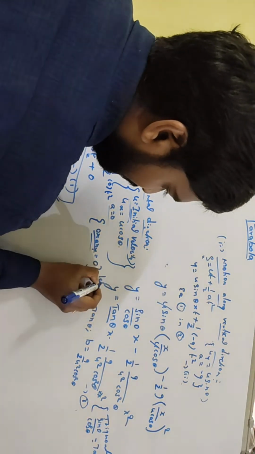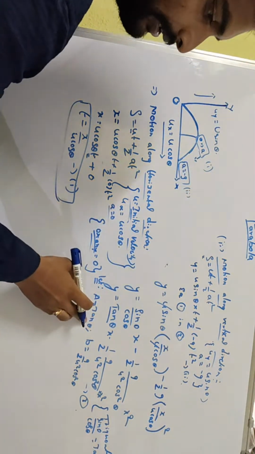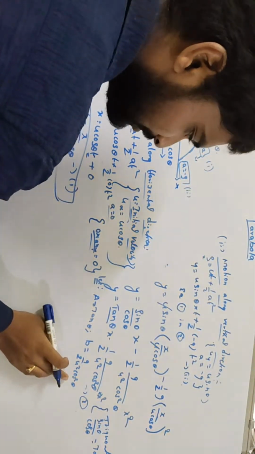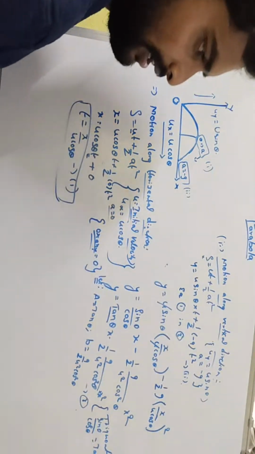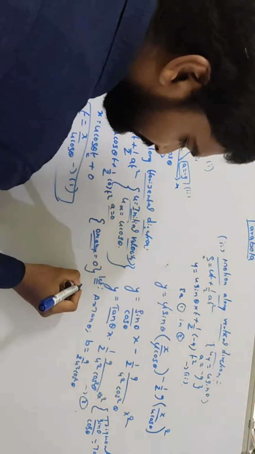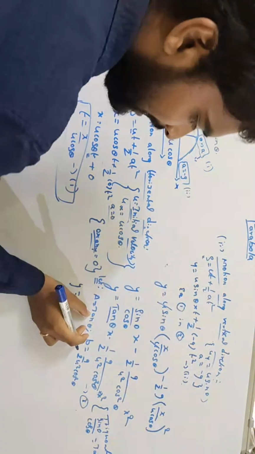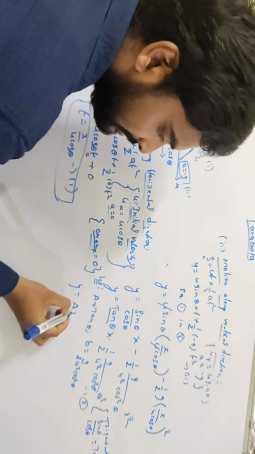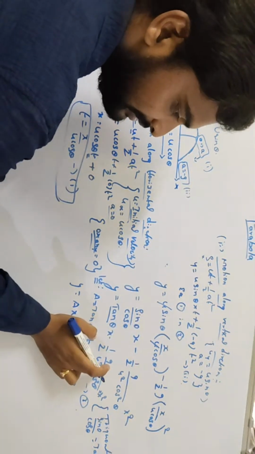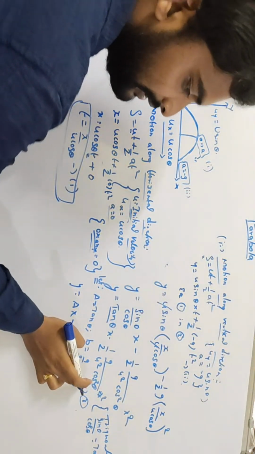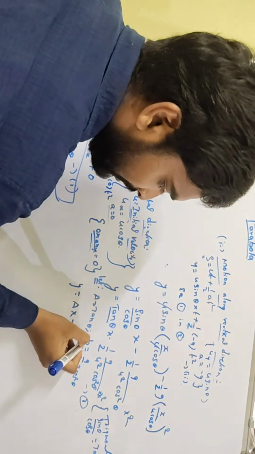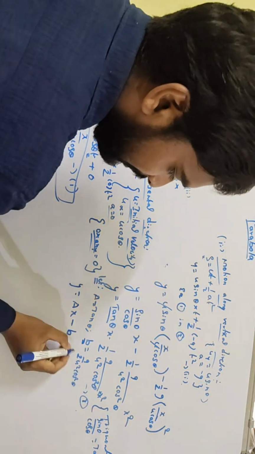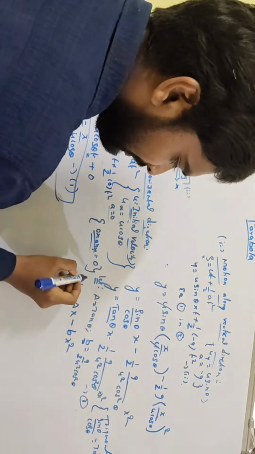So let us assume a is equal to tan theta and b is equal to g by 2 u square cos square theta. Now the expression becomes y is equal to, in the place of tan theta we replace a, that's why ax minus, in the place of g by 2 u square cos square theta we use b, so y equals ax minus b x square, where x square is written as the variable.